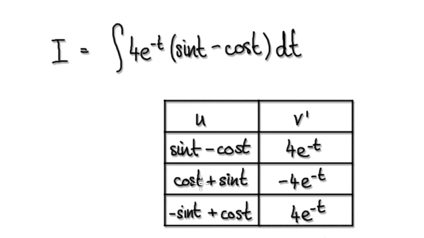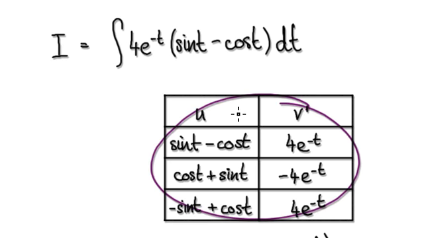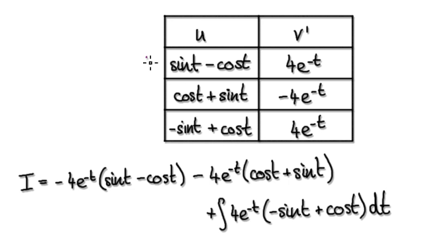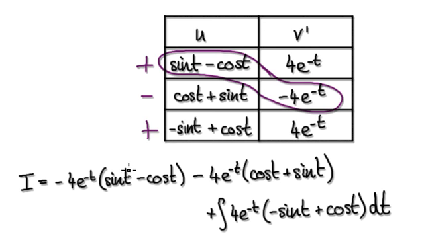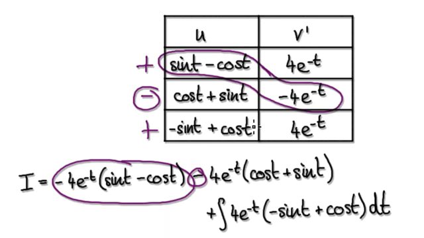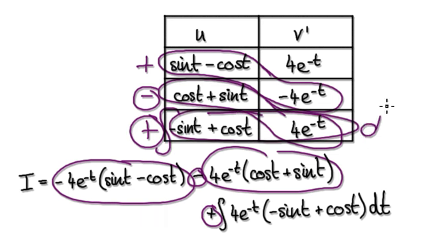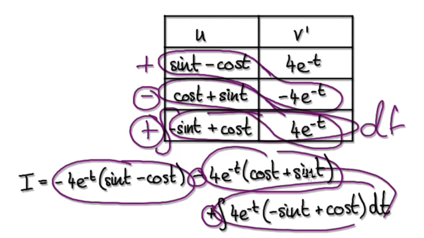Once you've got this table here, it would then take you to here. The first part will be this bit here, and then you've got your minus, this bit here, and then the last part will be plus the integral of this thing here, dt, which is this bit here.